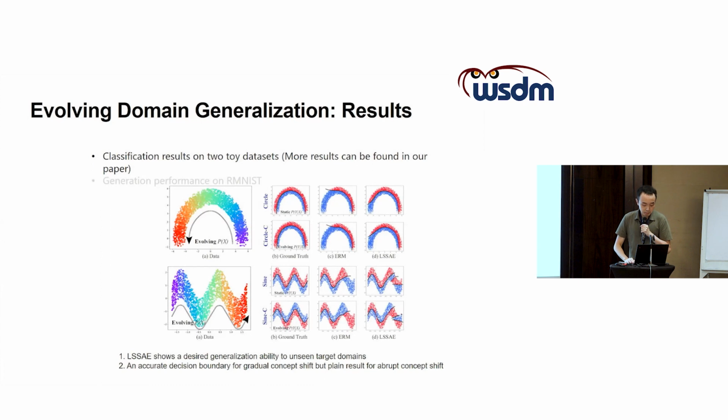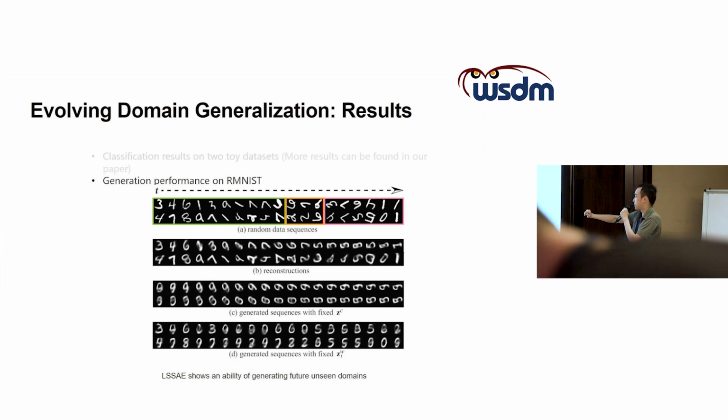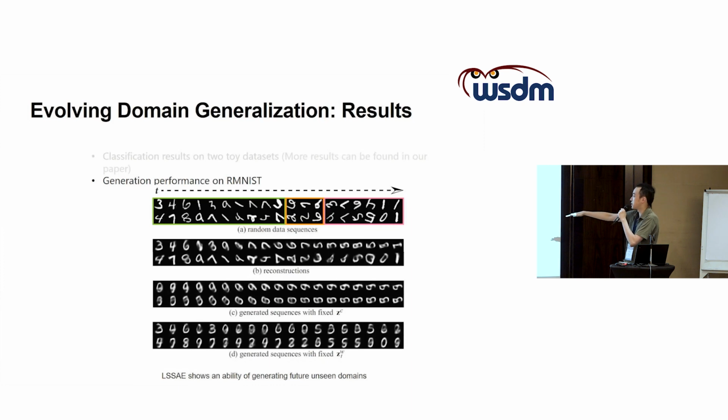Besides the classification results, we can also apply a similar idea to generation. We can generate future data, and meanwhile we can also control what kinds of variance we expect. For example, we have a random data sequence and we can fix the concept, or the category-related information.